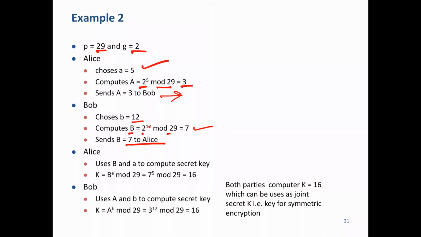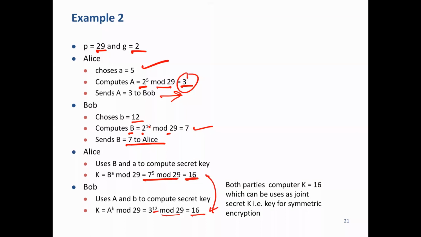Alice receives 7, raises it to the power 5, does the mod calculation and gets 16. Bob does the same thing: he receives the value 3 that Alice sent, raises it to the power 12, does the mod calculation, and gets the key as 16.